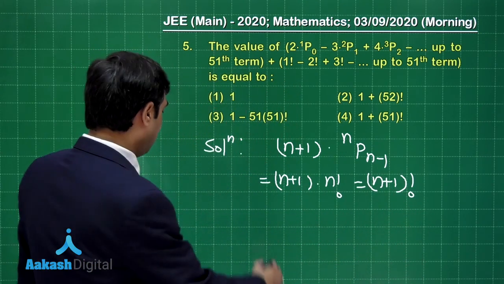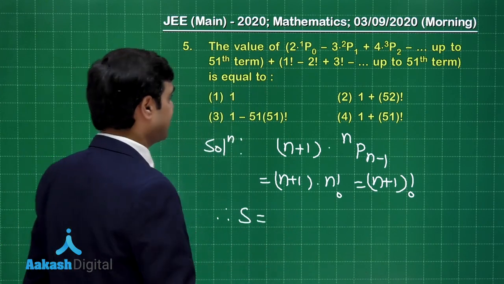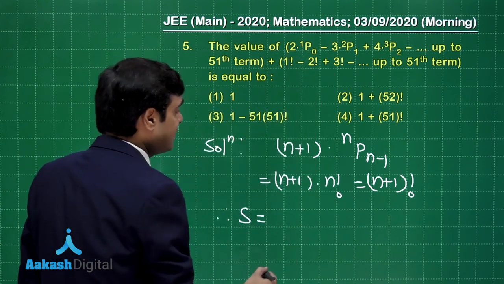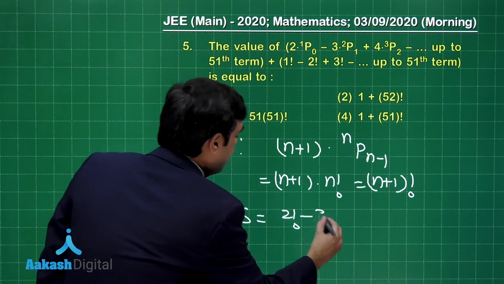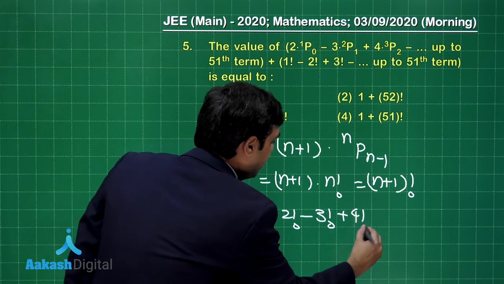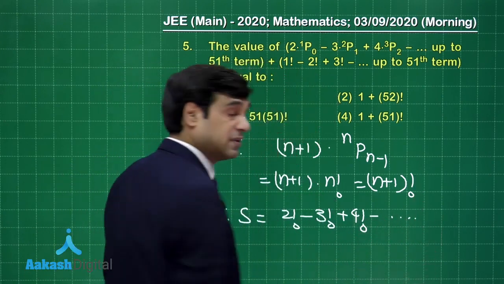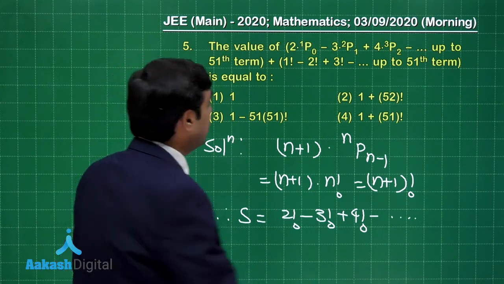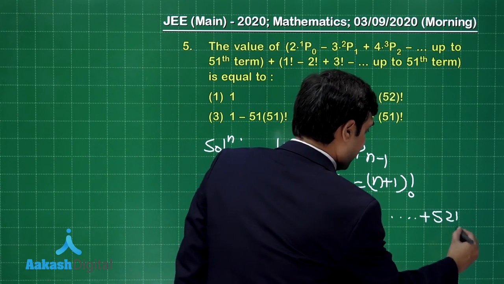Now it's quite simple. Therefore, if I consider this entire sum is equal to S, 2 into 1P0, it will be simply 2 factorial minus 3 factorial plus 4 factorial and so on up to 51 terms. Is this clear? What would be the 51st term? That is clearly plus 52 factorial.